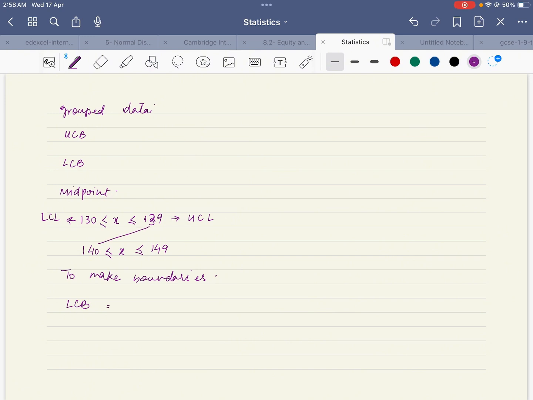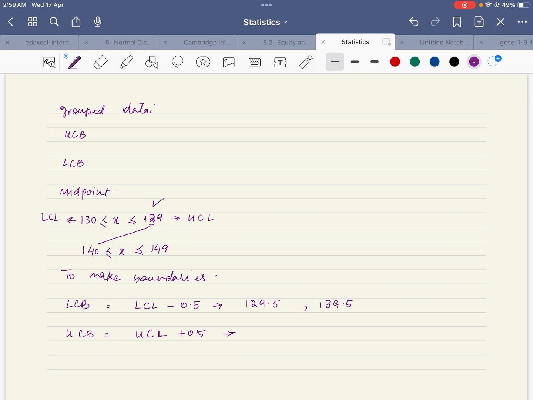For lower class boundary, what you do? Lower class limit minus 0.5. So in this case it becomes 129.5 and the second one becomes 139.5. For upper class boundary, you add 0.5 to the upper class limit.